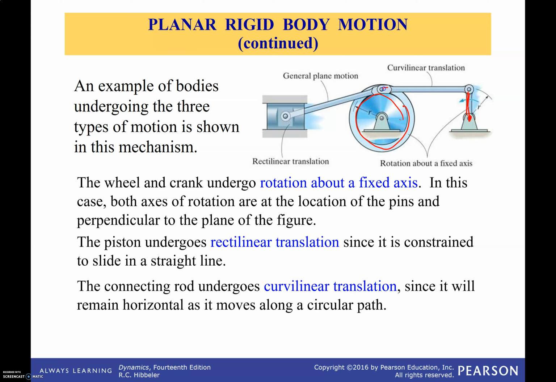This link is doing a curvilinear translation, because this line is always horizontal, so it never changes orientation. Same for this piston, but this one is doing a rectilinear translation. This link here is the most interesting one in this machinery, and it is doing a general plane motion, where it has a translation and a rotation in it.